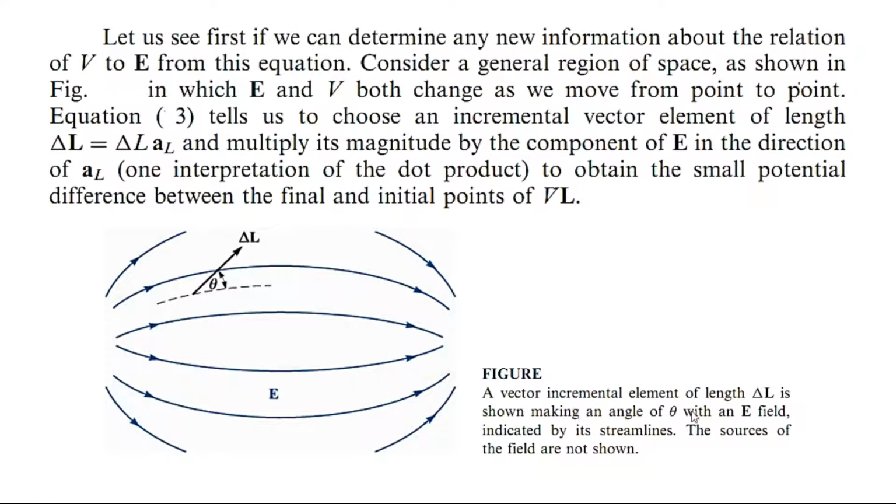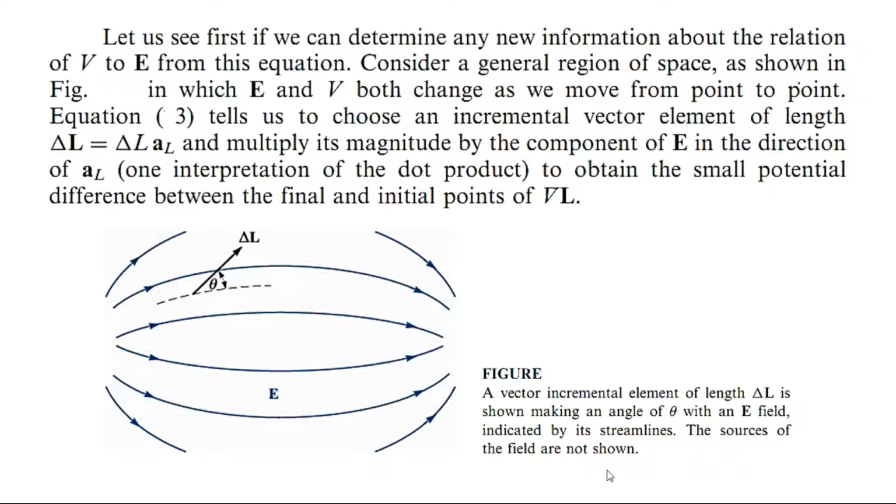A vector element of length delta L is shown making an angle of theta with an electric field. So we have the electric field and we have this small vector element of length delta L, with the field indicated by its streamlines.